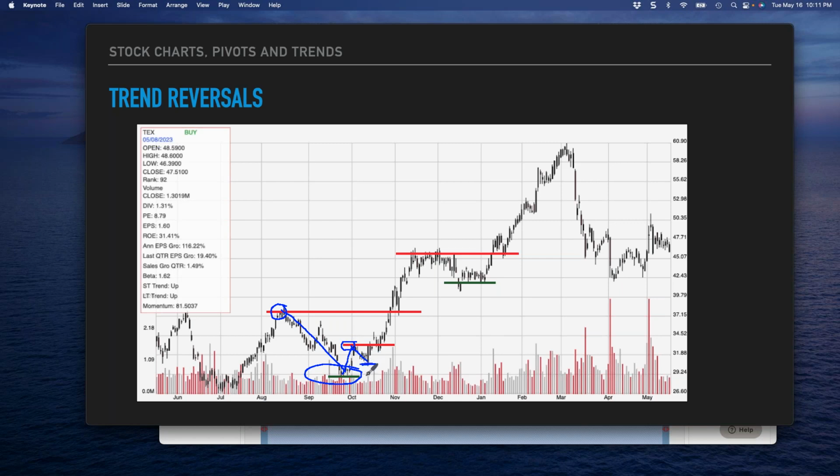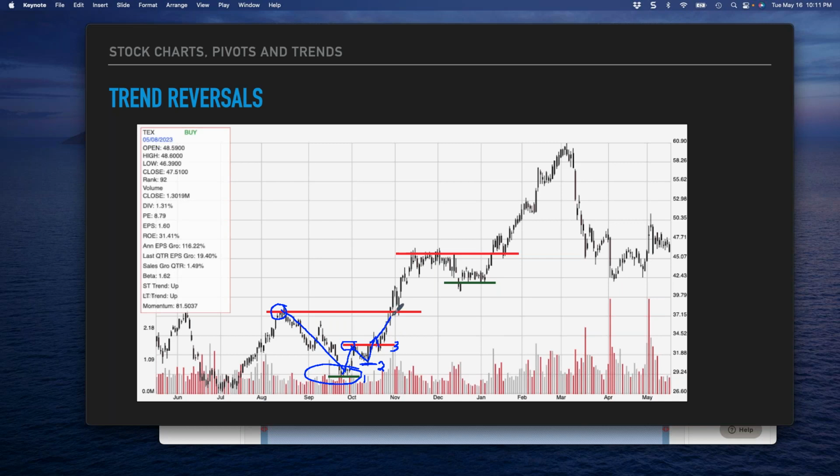Now this is pivot low 1, pivot low 2, rising pivots. Then it breaks above this level, drops back, and now uses this same level as new support. So then this becomes pivot low number 3.